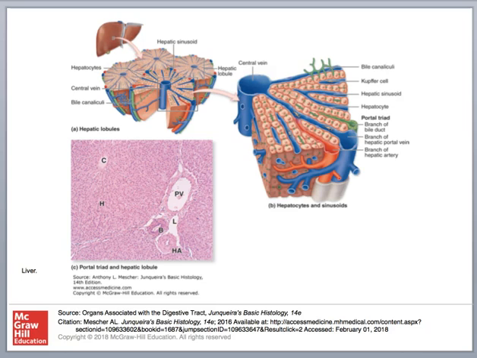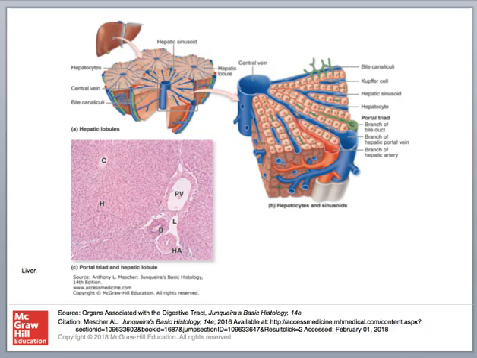This is in a more three-dimensional view compared to the two-dimensional microscopic slide, but you can still kind of make out the hexagonal arrangement. Kind of a cutout of that in figure B shows a three-dimensional representation of a portion of the hepatic lobule.